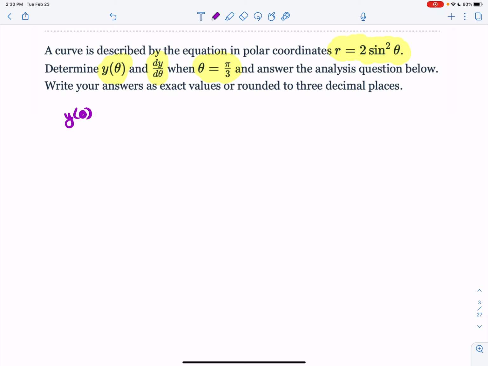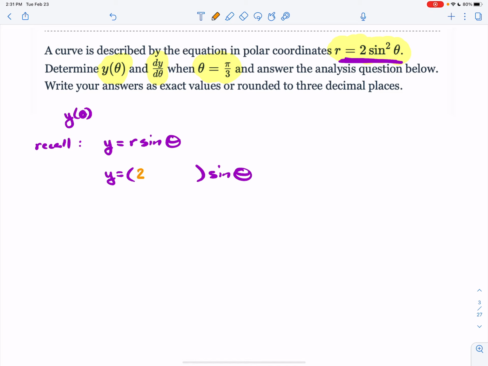Okay, so remember that when you're dealing with x and y, y is the same thing as r sine theta. Remember that, okay? So in this equation right here, we know what r is equal to, so I'm actually going to squeeze that in there. That's going to be something times sine theta.